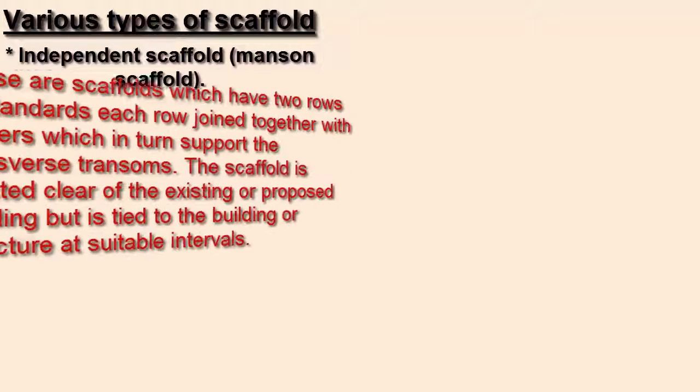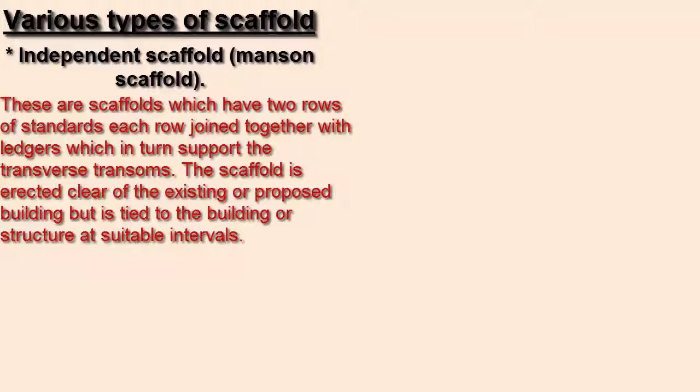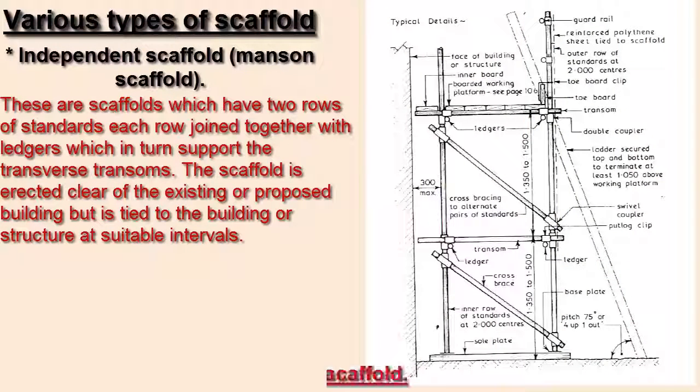Now, the next type of scaffold we use in our construction work is the independent scaffold. Sometimes they call it Mason scaffold. This type of scaffold has a double row of standards. One is very close to the wall, and the other is a distance equal to the width of the platform from the wall.